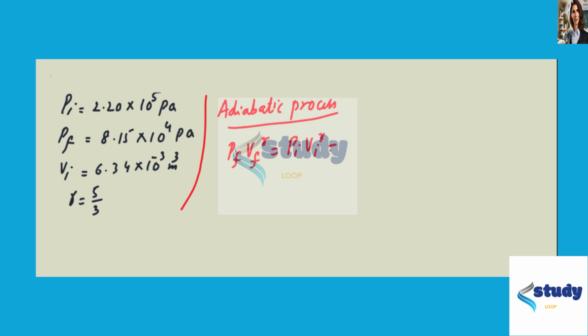So this gives us final volume to the power gamma is equal to initial pressure upon final pressure into Vi to the power gamma.